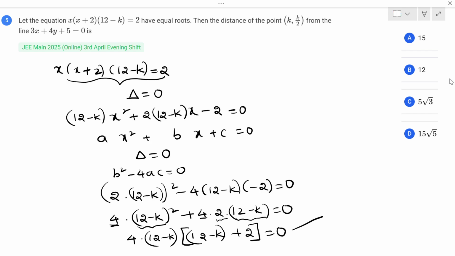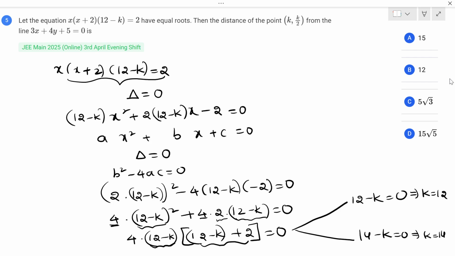So I can see that either first factor 12 minus k is equal to 0, or second factor 12 plus 2, 14 minus k is equal to 0. So from this, one value of k I got is 12 and the second value of k I got is 14.